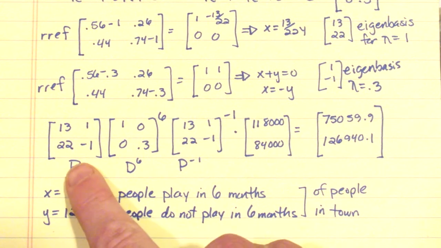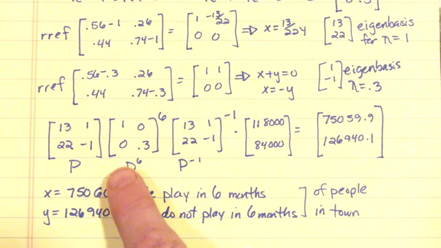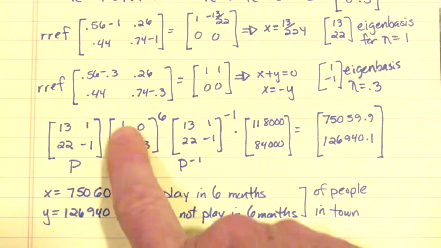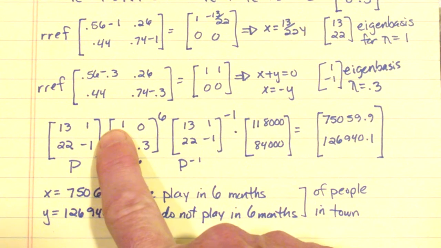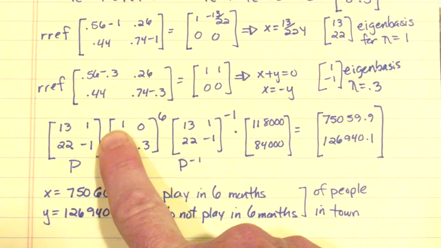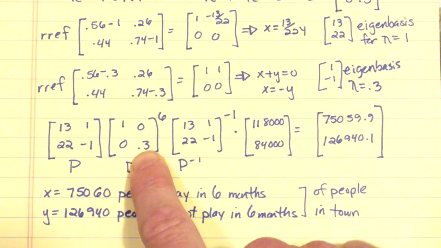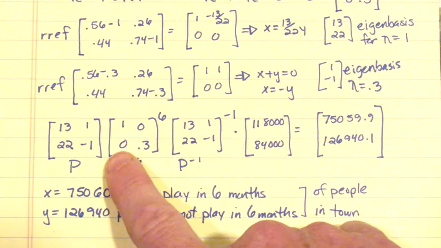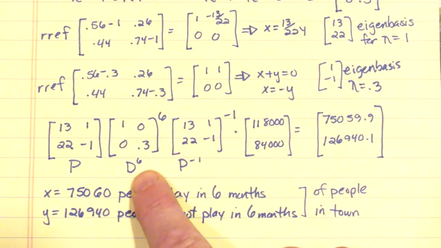If you calculate this, notice that when I raise this matrix to the 6th power, I only have to raise the values on the diagonal. And 1 to the 6th power is just 1. 0.3 to the 6th power is a little messier, but considering the other values are 0, finding this to the 6th power is very clean.